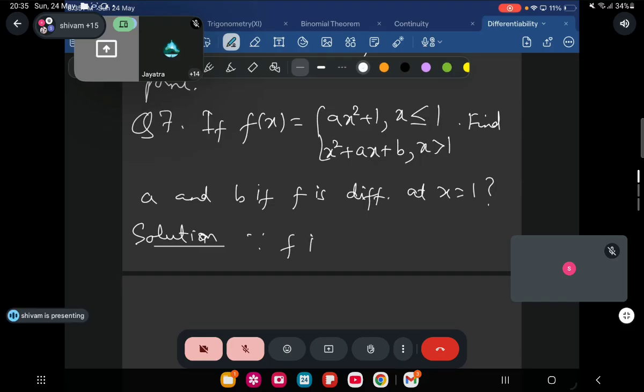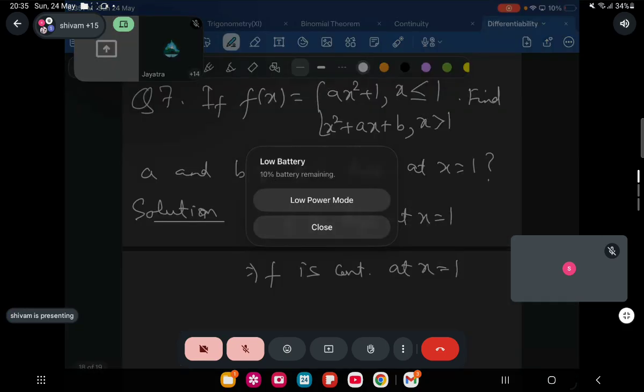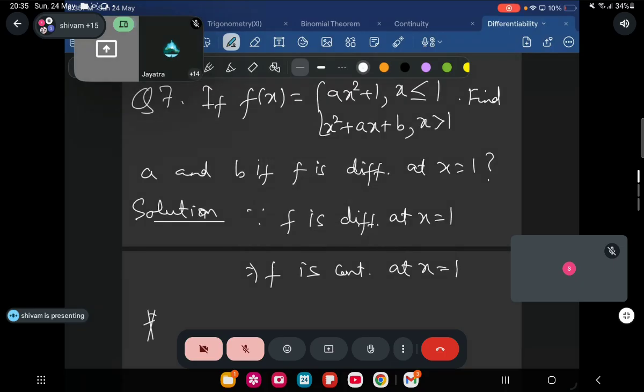Since f is differentiable at x equal to 1, this implies f is continuous at x equal to 1. So let us apply the condition of continuity. F of 1 minus must be equal to f of 1 plus.